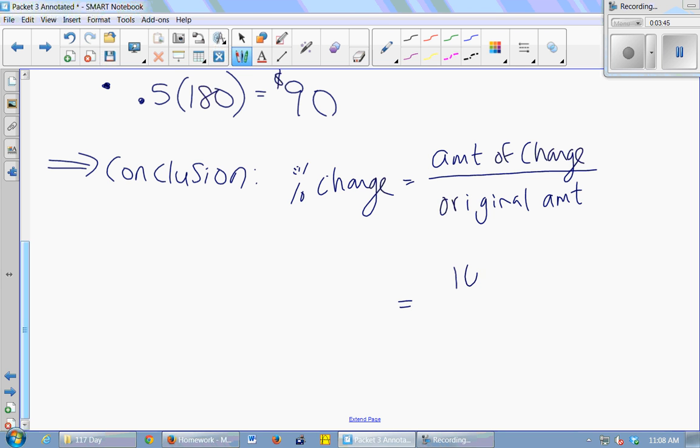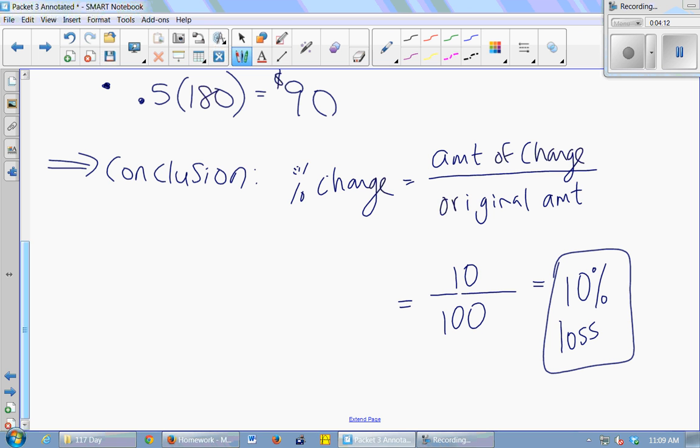So $10 was how much the price changed compared to the original $100, and 10 over 100 is 10%. This is where the magic of choosing the $100 at the beginning comes in: when you do this final analysis, it just makes it really easy to take this last percentage. So this was a 10% loss, right? Because we know it went down from 100 to 90. So the store is taking a 10% loss just to get rid of these things.